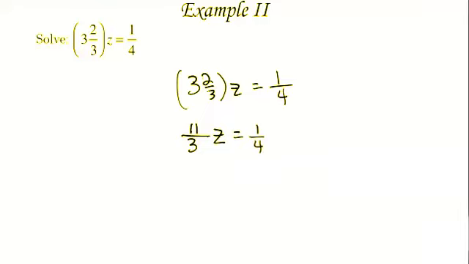Okay, so if you're going to multiply by the reciprocal, or the inverse of 11/3, you're going to multiply by 3/11. That's taking care of both the 11 and the 3 in one step.